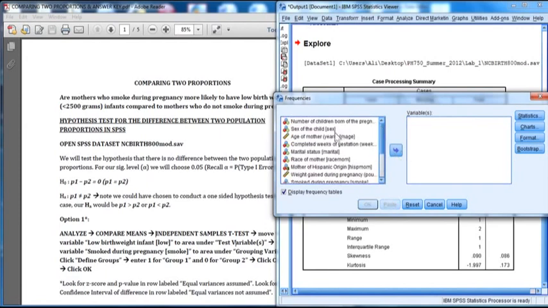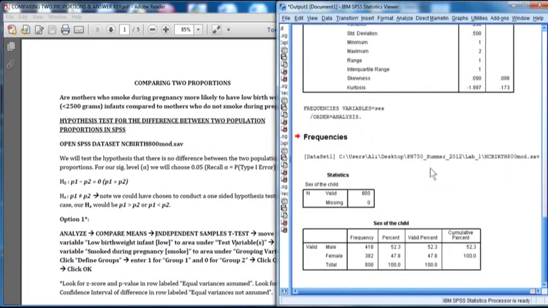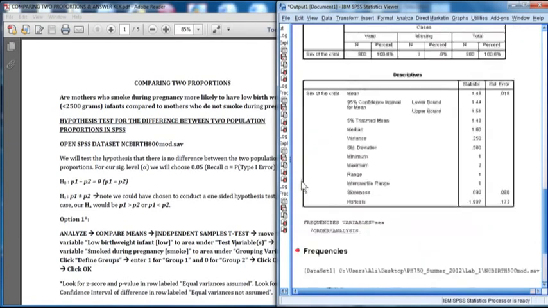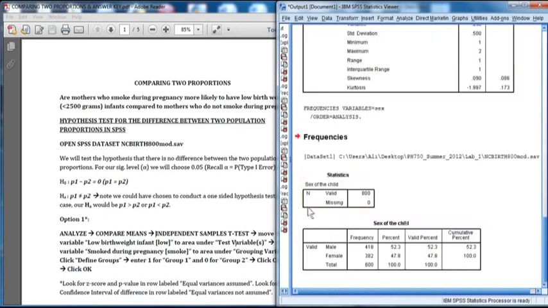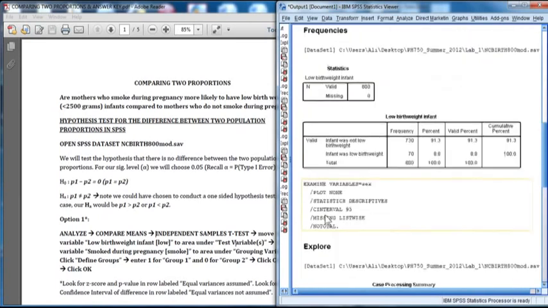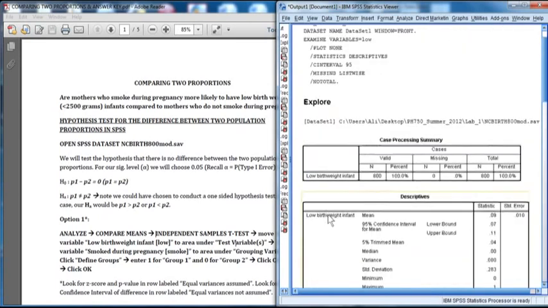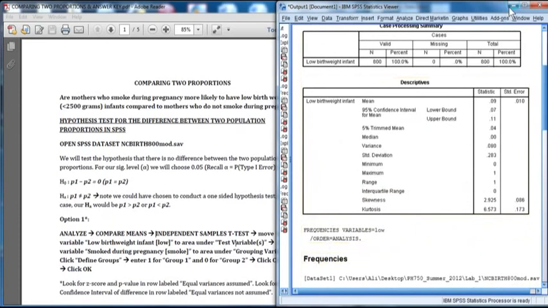If we were to go to our frequencies, we can see that the probability of the outcome male is actually 0.523, or 52.3%. So you can see that that's not what SPSS gave you when you had your variable coded as 1, 2. So you need to have your variable coded as 1, 0, your outcome variable in this case.